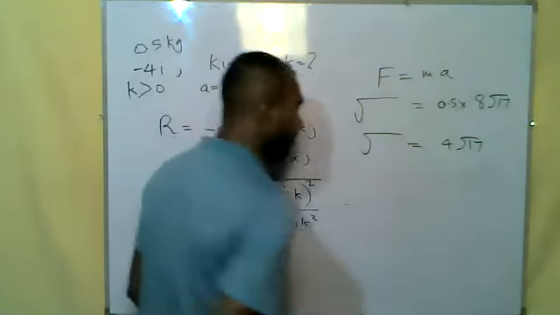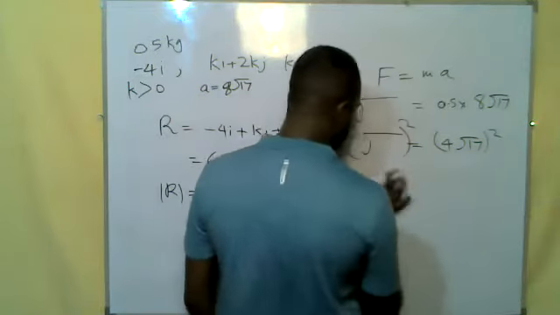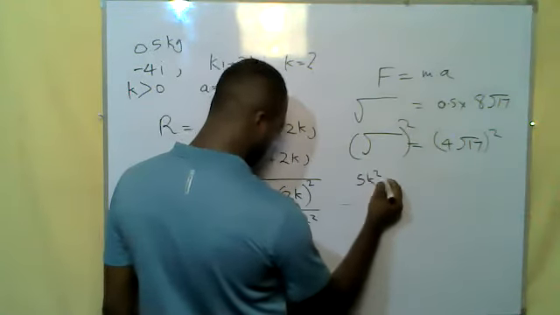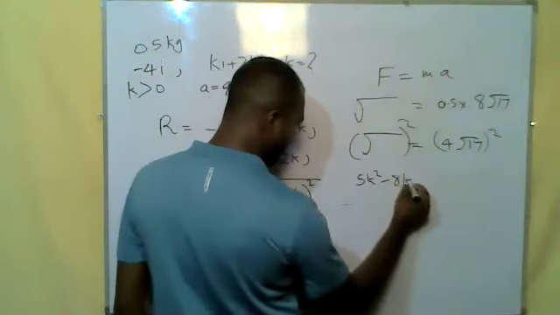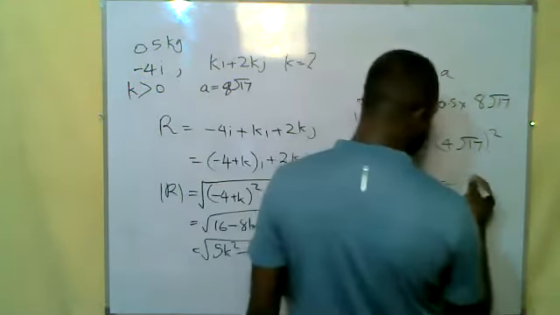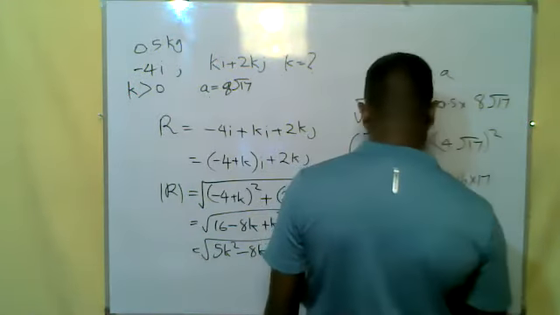We can square both sides. So what do we get here? 5k to the power 2 minus 8k plus 16 should be equal to the square of this one. How much? 16 times 17.